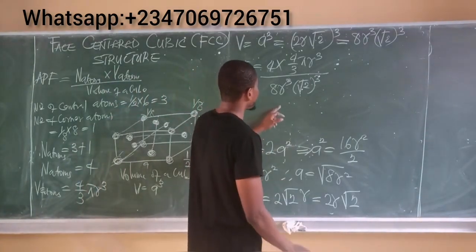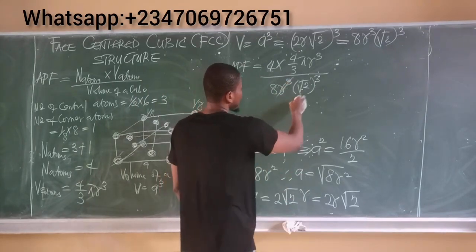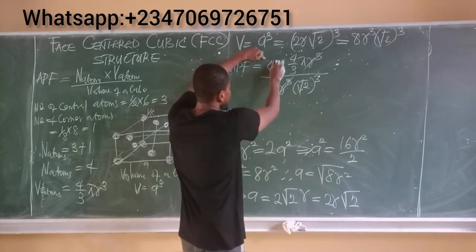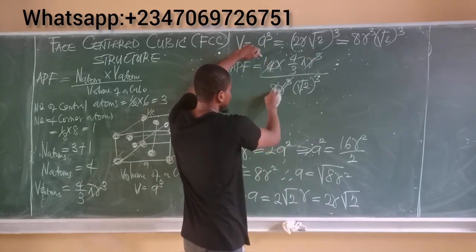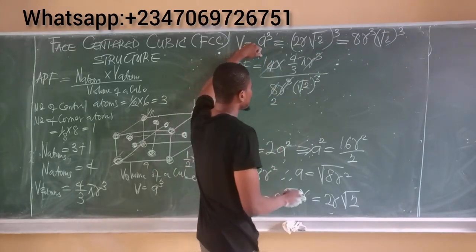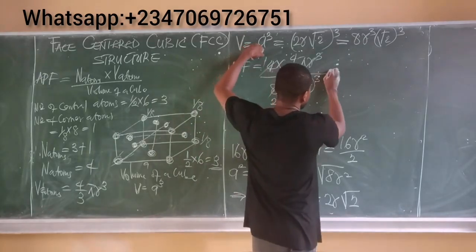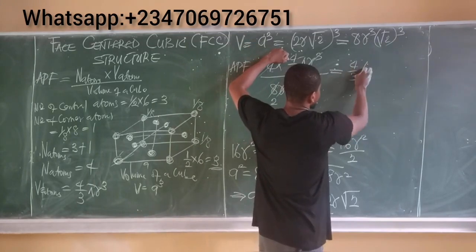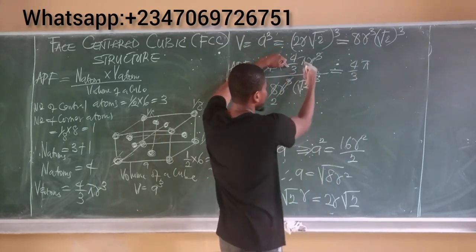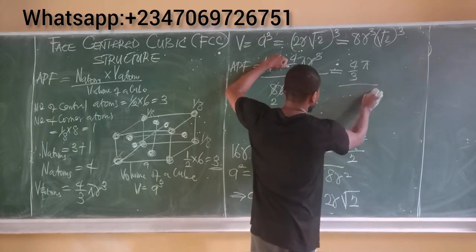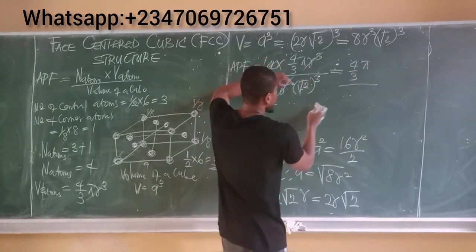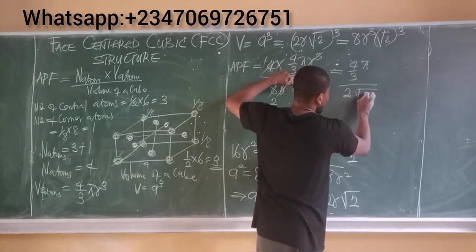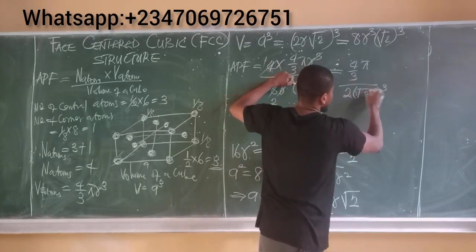But from here, notice now that r cube can strike r cube, and also 4 here can go into 8, and that will give me 2, which means at the numerator, what I have left is simply 4 over 3 times pi, and here I have 2 times root 2 to the power of 3.